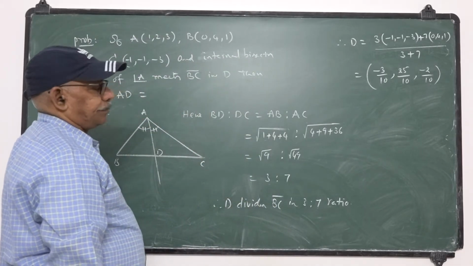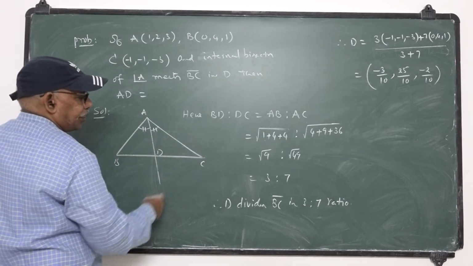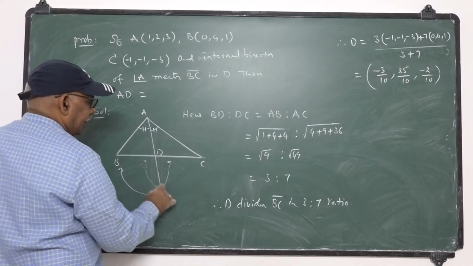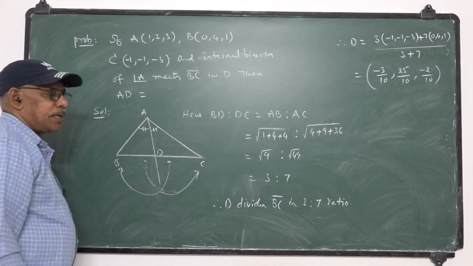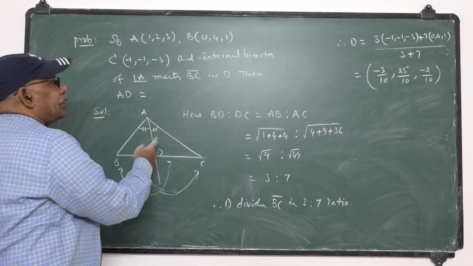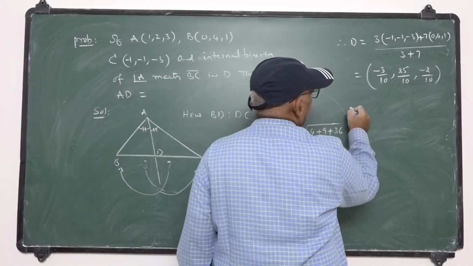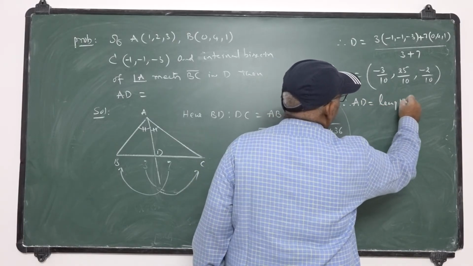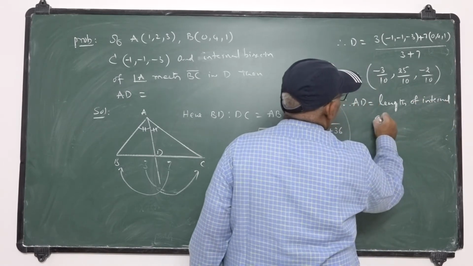This is D. That means D divides BC in the ratio 3:7. Once the coordinates of D are known and A is known to us, straight away you can find AD, which gives us the length of the internal angular bisector.